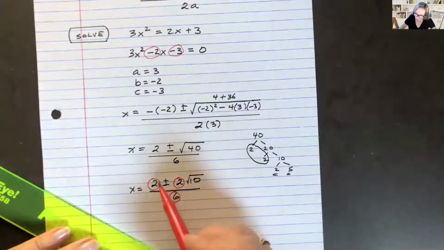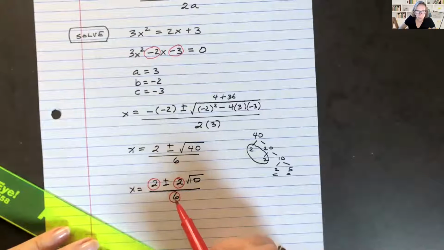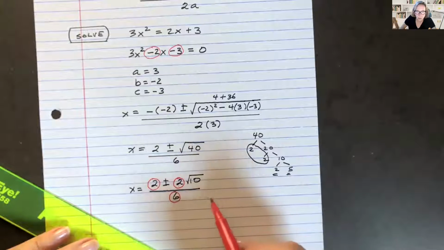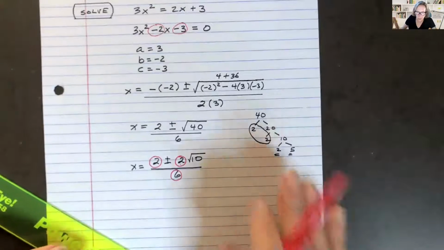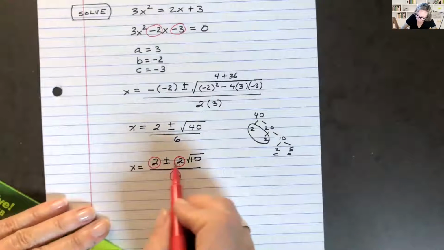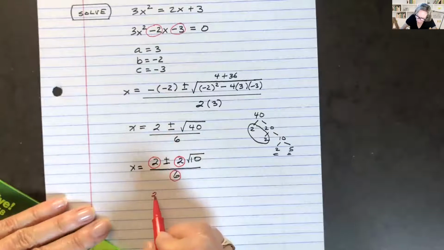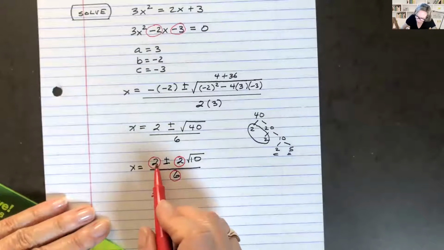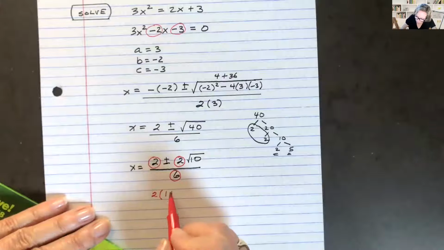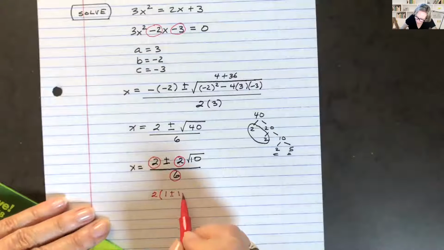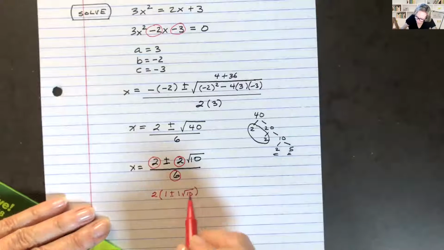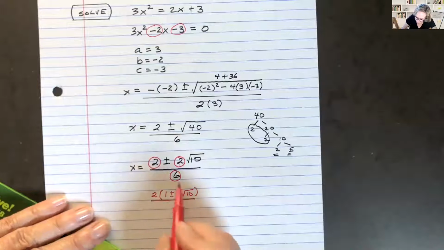There's nothing that that's going to reduce by. So in this, because these all have a common factor of 2, we can divide each of these by 2, dividing the whole numerator by 2 and the whole denominator by 2. Think of it like this. If I factor the numerator and I factor the 2 out to the front, the greatest common factor of 2, I'm left with 1 plus or minus 1 times the square root of 10 in the numerator. And I can think of 6 as 2 times 3.